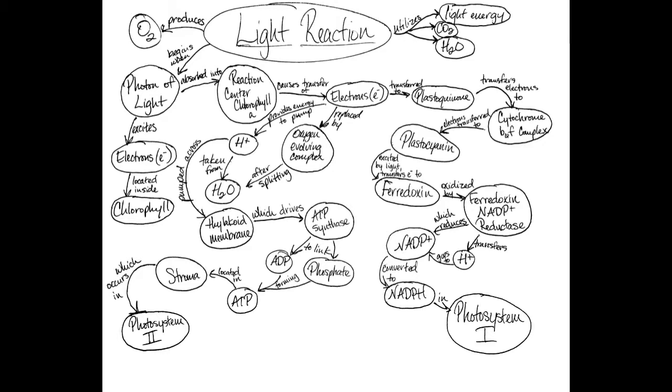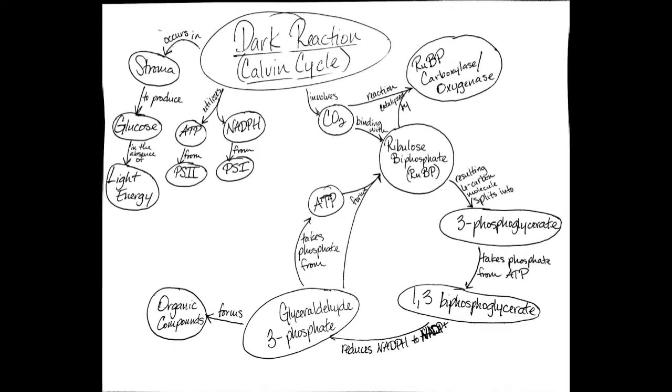From there, the main part of photosynthesis for the plant is to produce whatever organic molecules it needs to actually live. So, I mean, the light reaction, I guess, is good for us.